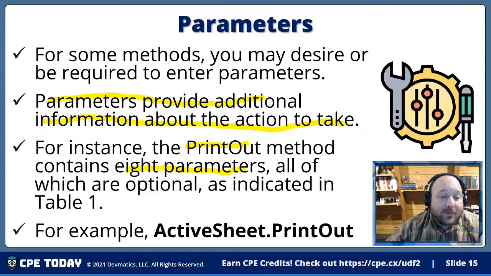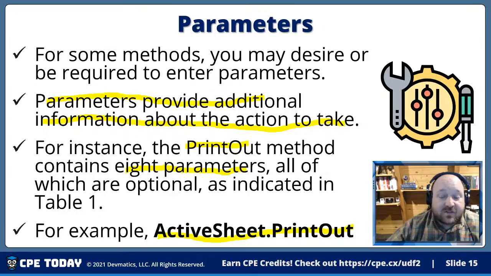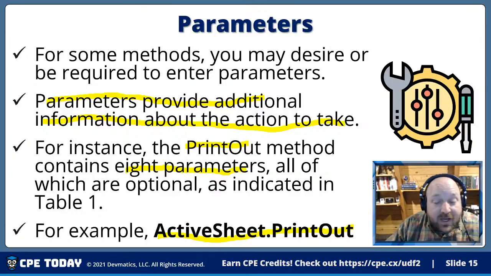These are all optional parameters, but for the PrintOut method we could get really specific. I could print to a specific printer, or print page 1, page 2, page 3. It gives us the ability when programming this to be very specific about what we want to do. If we don't do anything, it just prints generically, and it'll probably bring up the print dialog box, and then we can specify what we would like.